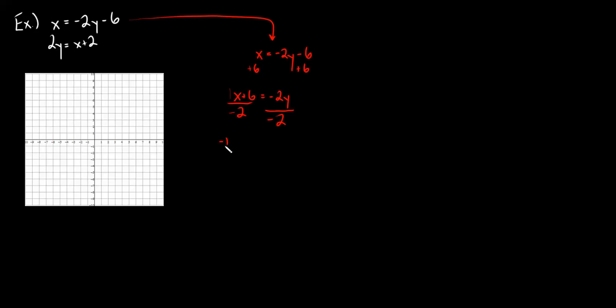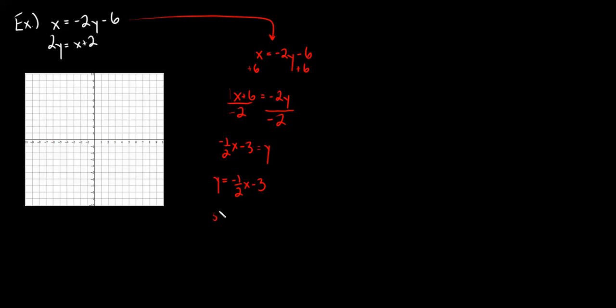That is negative 1/2 x. And we have 6 divided by negative 2, which is negative 3. So one of our equations is going to be y equals negative 1/2 x minus 3, okay? And I'm going to rewrite this with y on the left side because I know a lot of people get confused by that. So we have it nice, okay? So there's one of our equations.